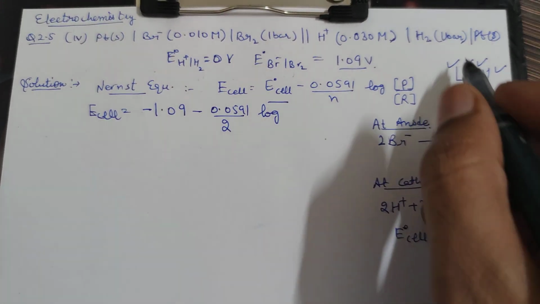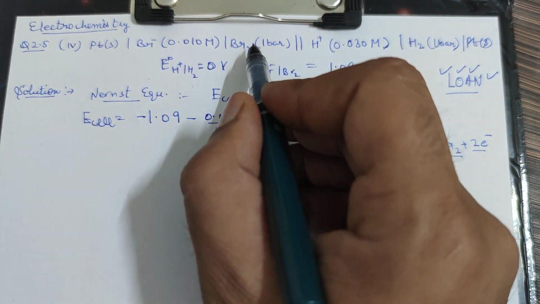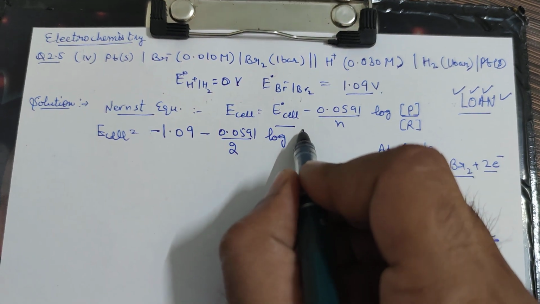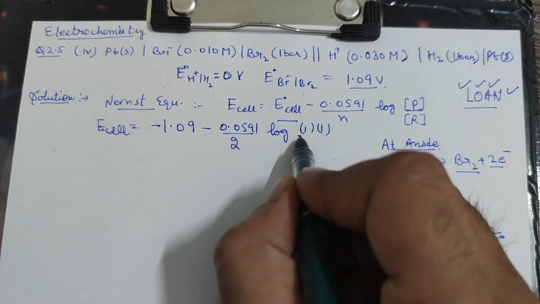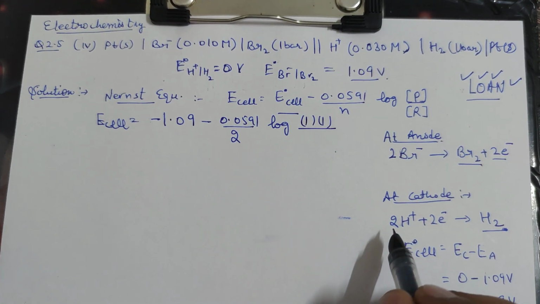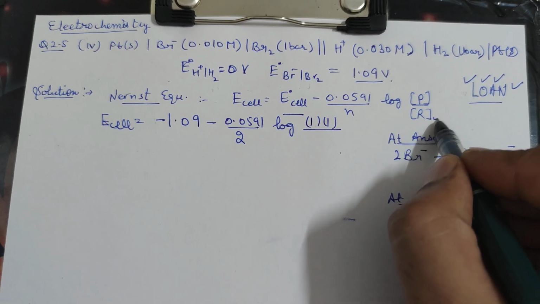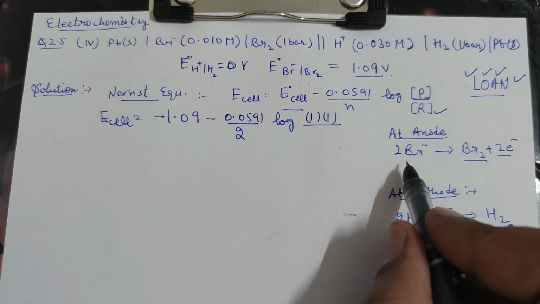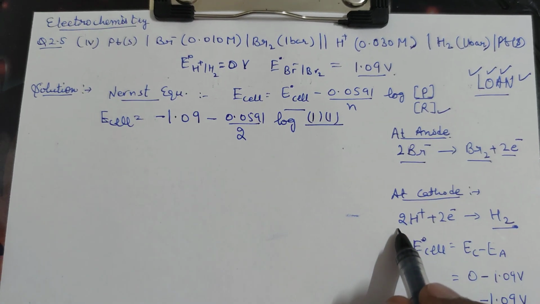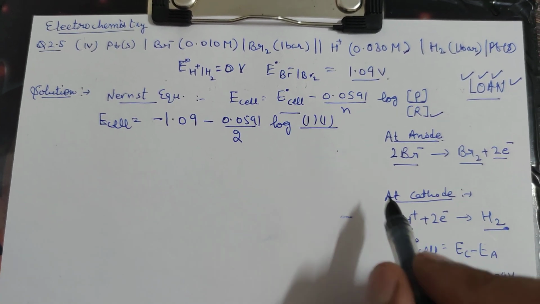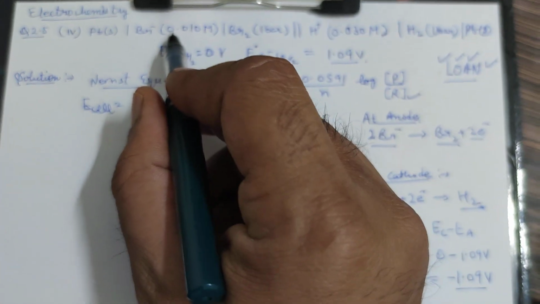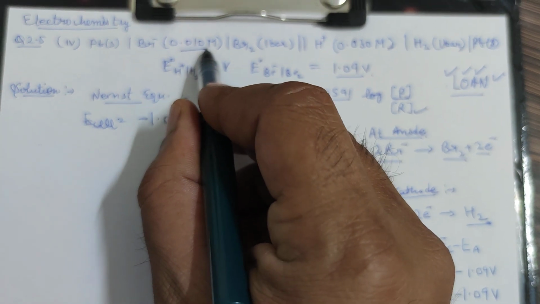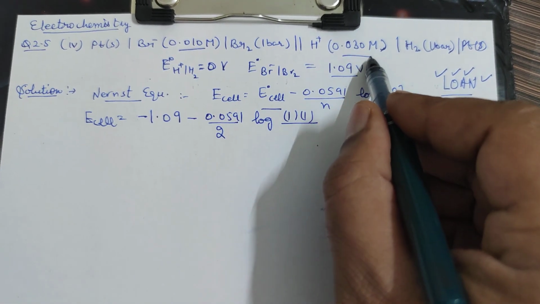Both are gases and their pressures are given as 1 bar and 1 bar, so the value is 1 for both products. Next, in the denominator we have the concentration of the reactants, bromide and hydrogen, and the values are given in the statement only.